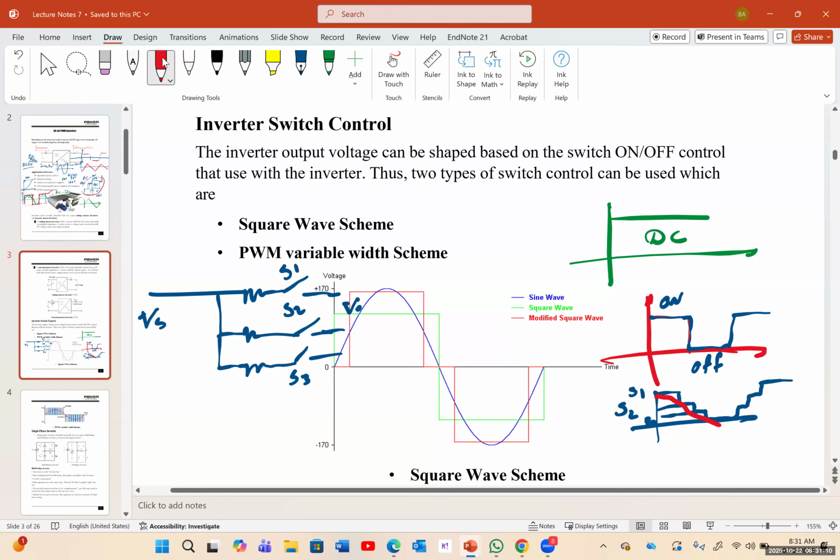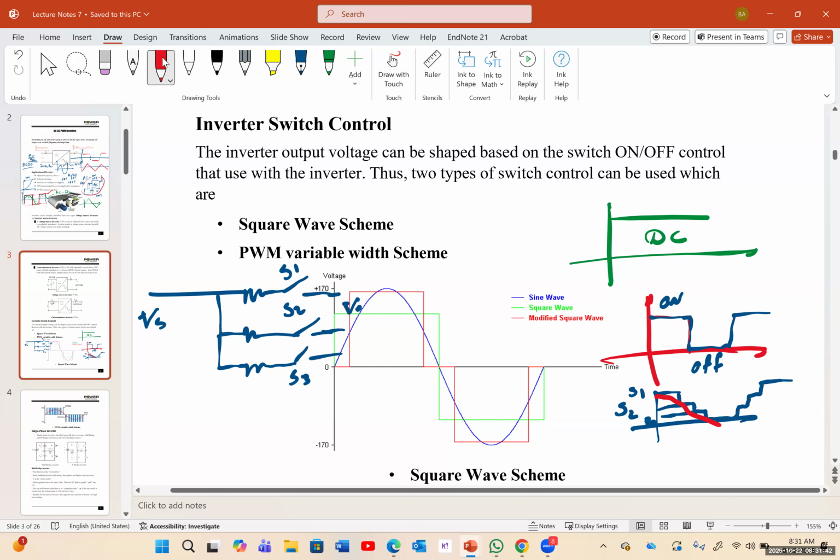And therefore, there are different ways. We can have the square wave, and we can also have what we call the PWM variable width. Instead of having these resistors, we can have switches that have variable width, in other words, variable timing, so we can spread out that signal. Instead of connecting it at once, we can have a sampling system with multiple samples.